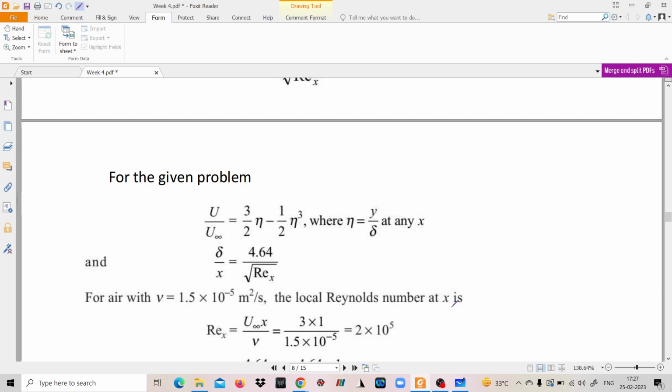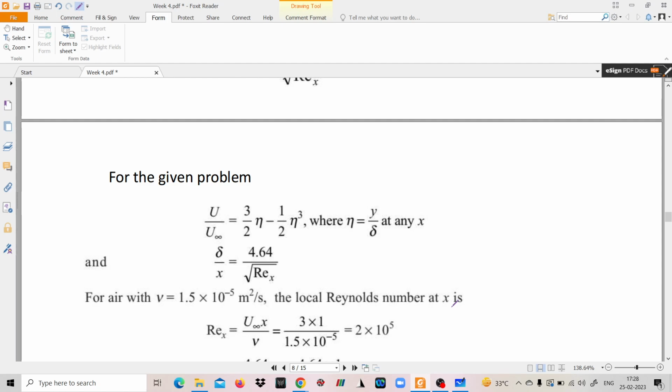So you must be very careful in selecting or constructing the boundary conditions for obtaining the values of these unknown coefficients. Once you have the values for these unknown coefficients, next you find tau w from Newton's law of viscosity, but at y equal to 0.